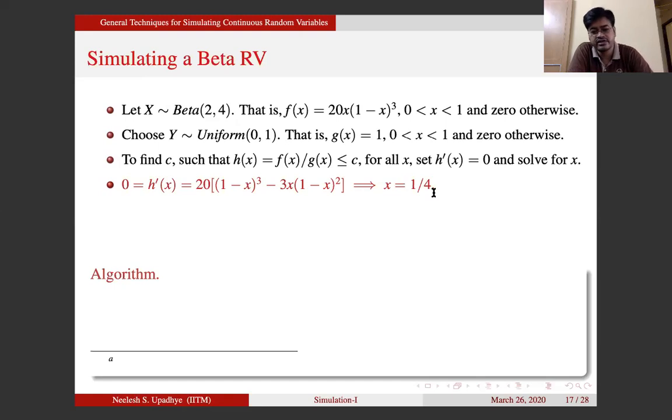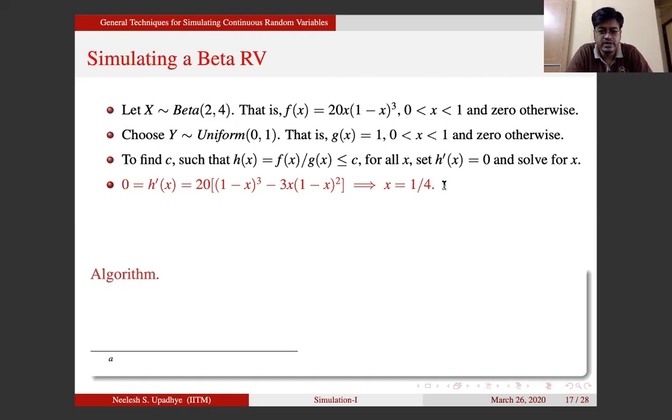You can use a second order derivative test to check whether this value gives you a maximum or a minimum. But as you can see from the shape of the function, it should give you a maximum, and you can confirm that the second order derivative test will give you a negative number.